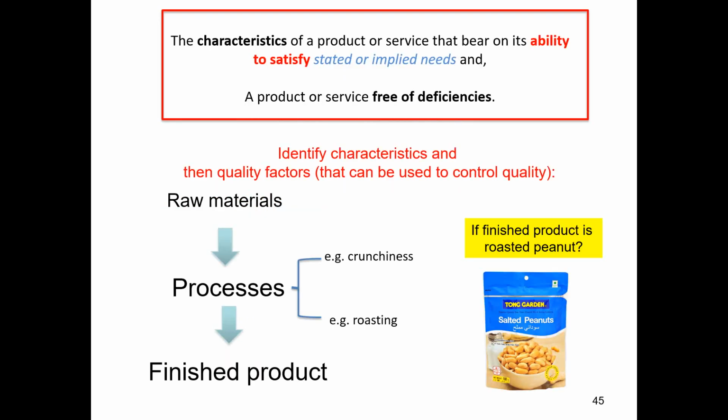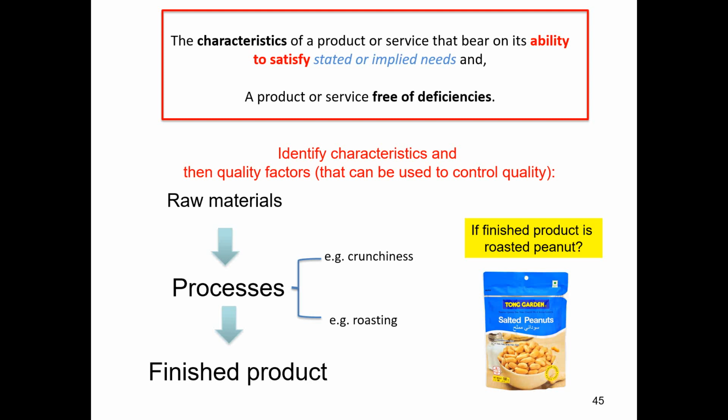Okay, I'd like to focus on this definition because it sounds so relevant to manufacturing as well. The characteristics of a product or service that bear on its ability to satisfy stated or implied needs. Okay, consumers don't know exactly what they want.